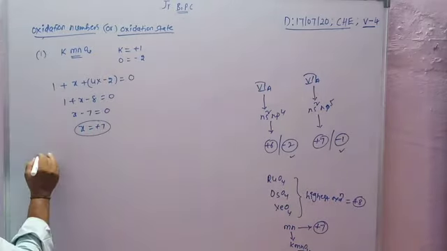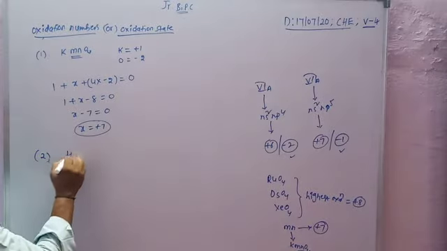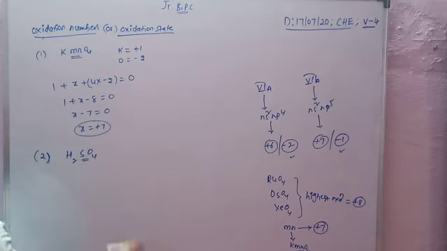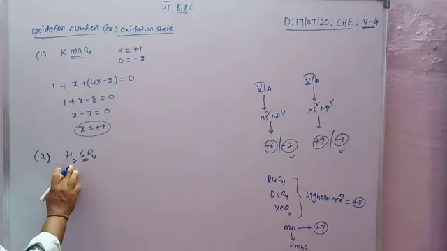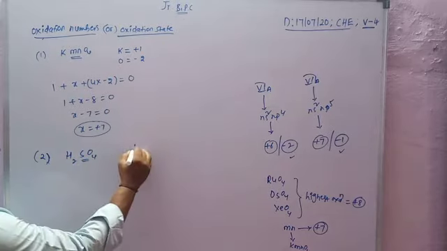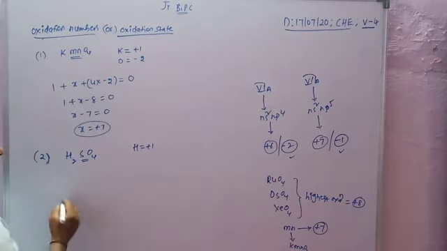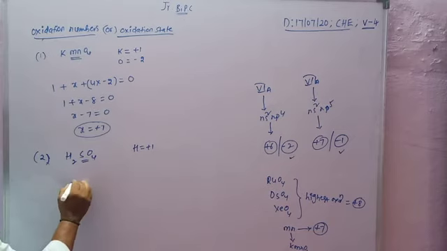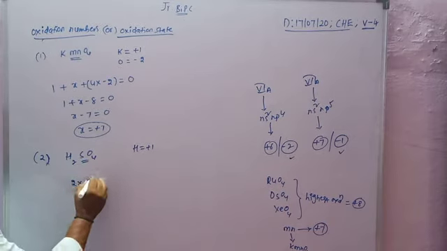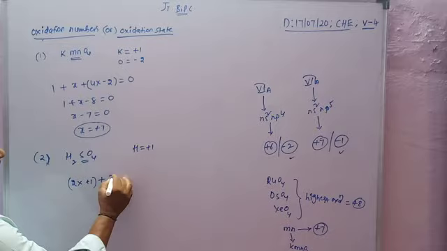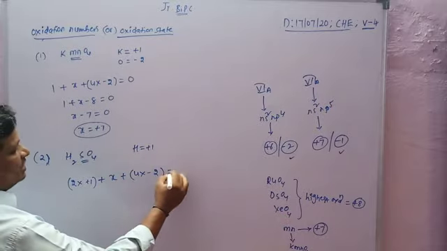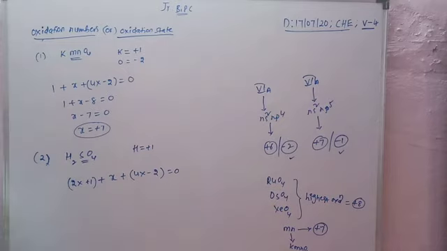Similarly, consider sulfuric acid, H2SO4. Find the oxidation number of sulfur. There are 2 hydrogens, each hydrogen is +1. So 2 into +1 plus X plus 4 into -2 equals 0.